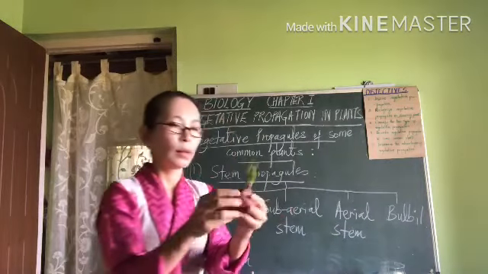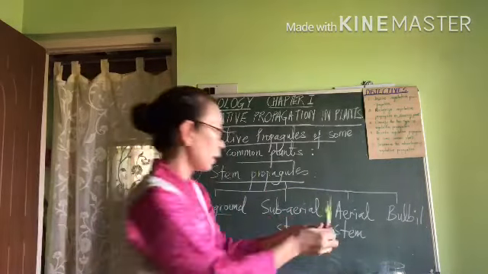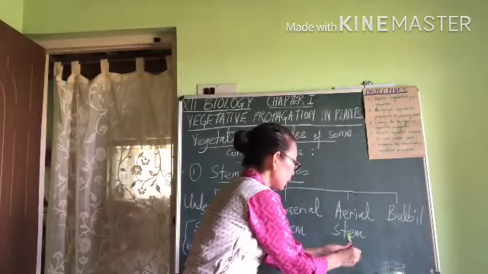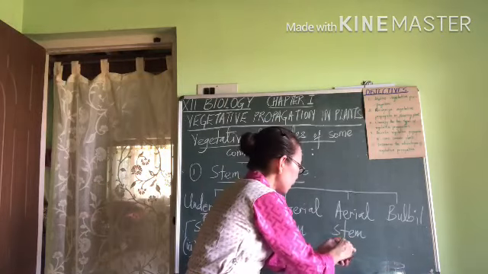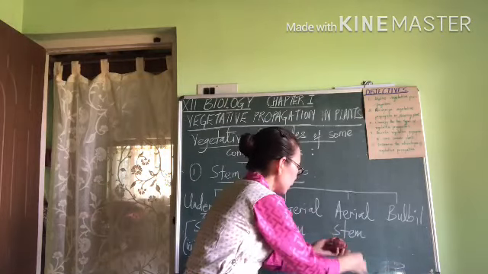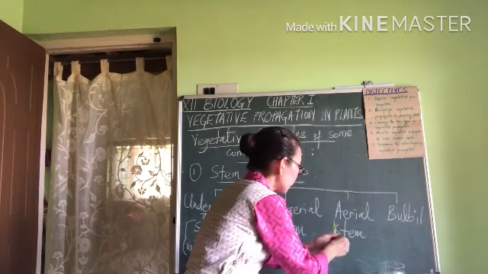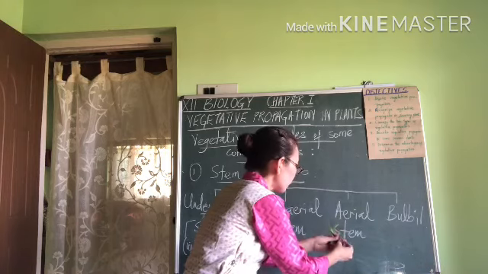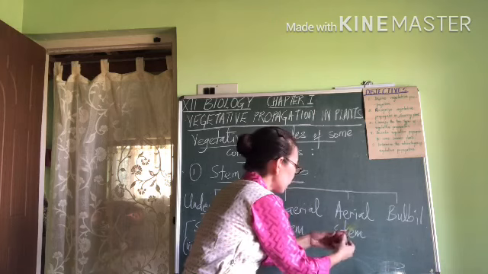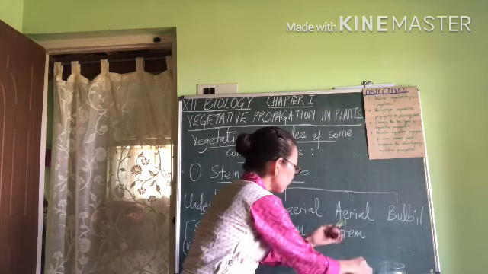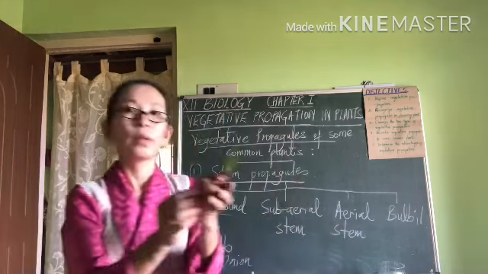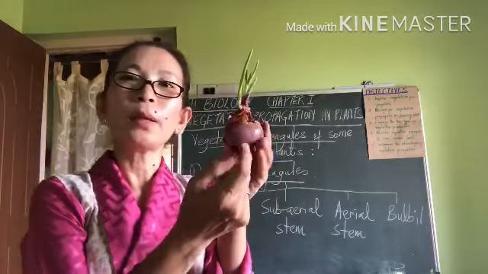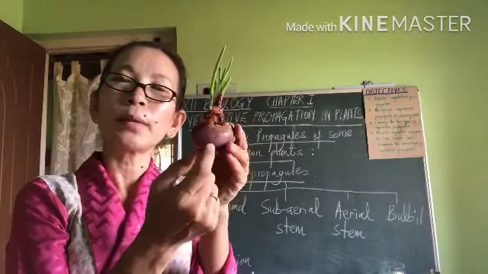So if I peel this onion, it looks quite bad here. So if I peel this, you have the fleshy leaves, right?